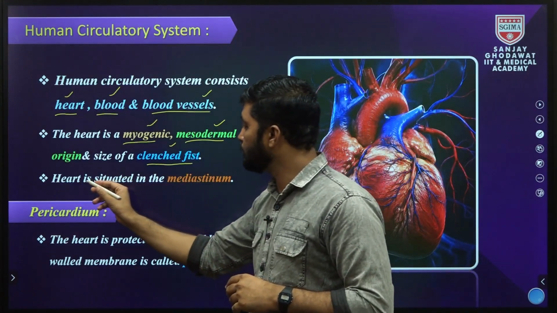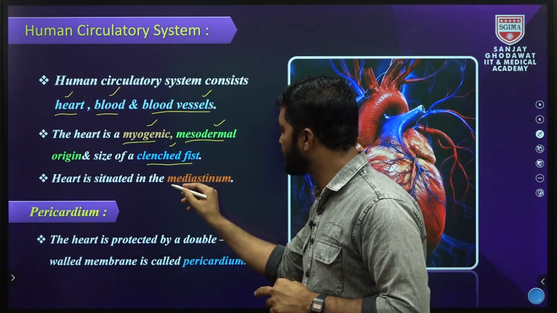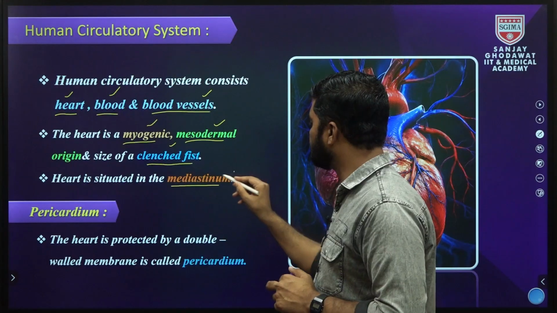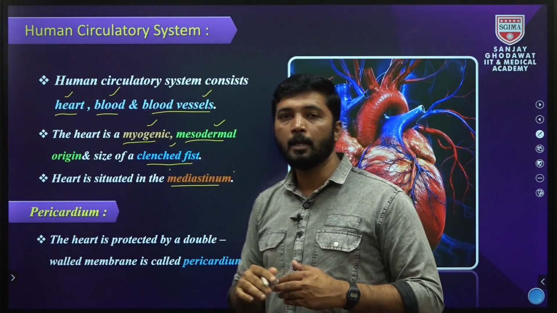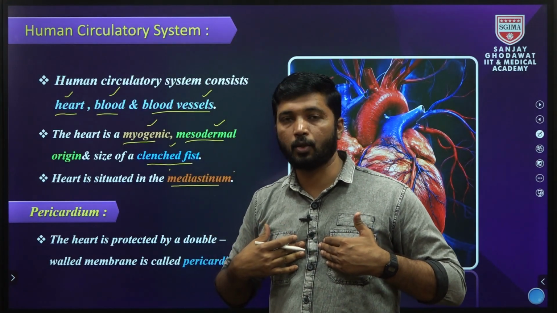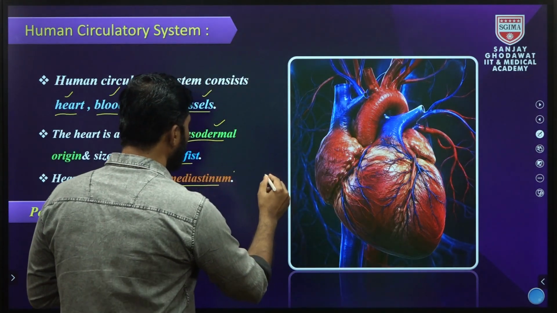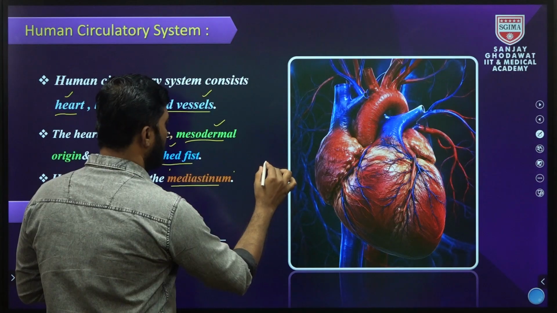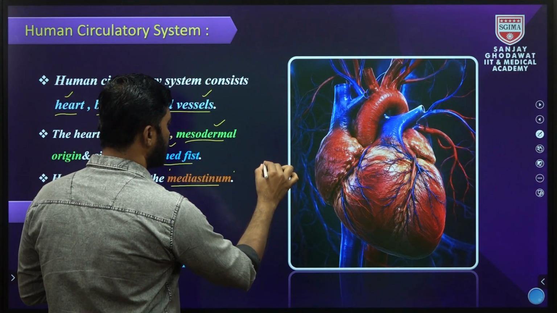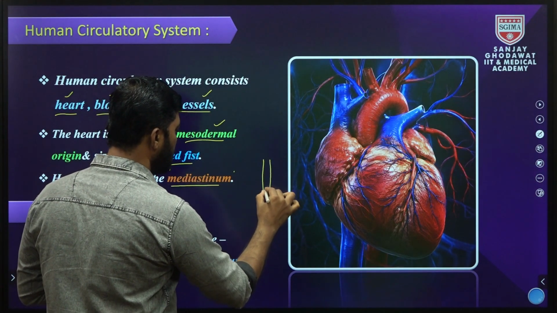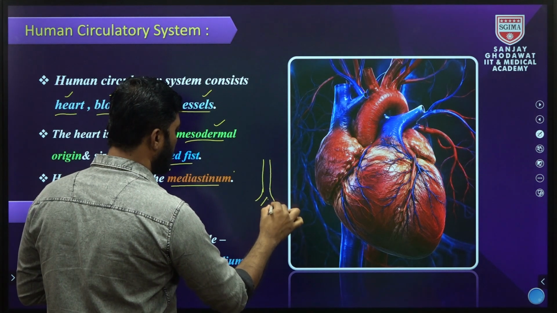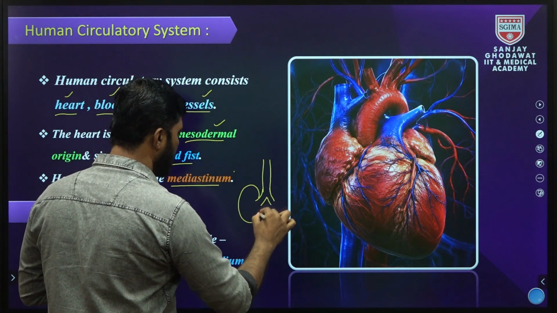Next, position. The heart is situated in the mediastinum. The mediastinum is the portion between the two lungs. If you take the diagram of the mediastinum in the thoracic chamber, this is the trachea and the bronchi, and these are our lungs.